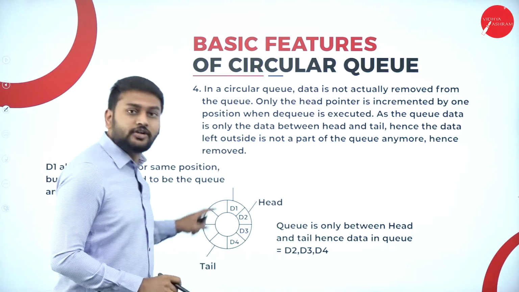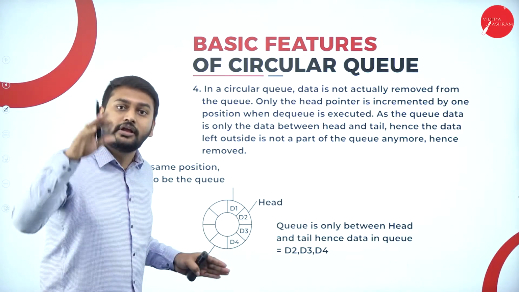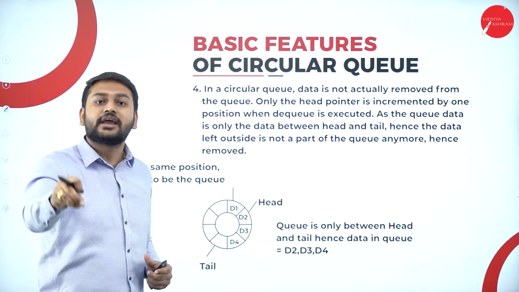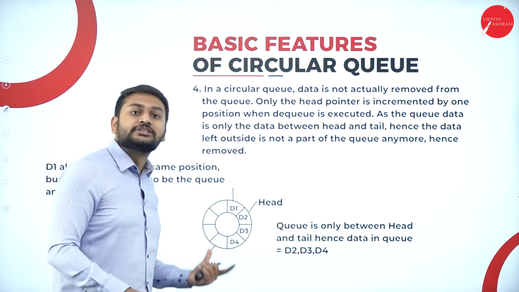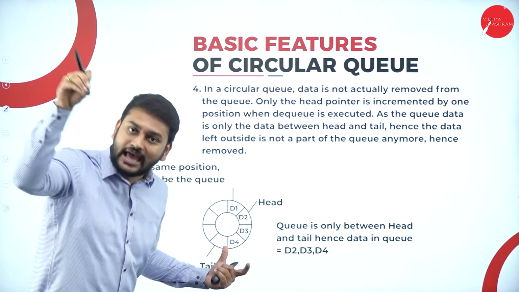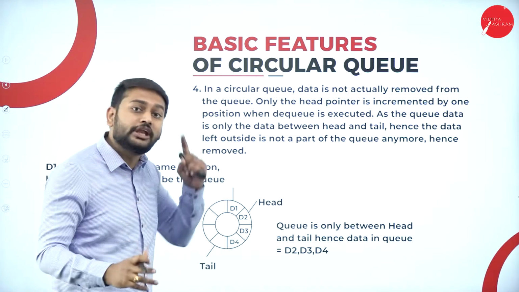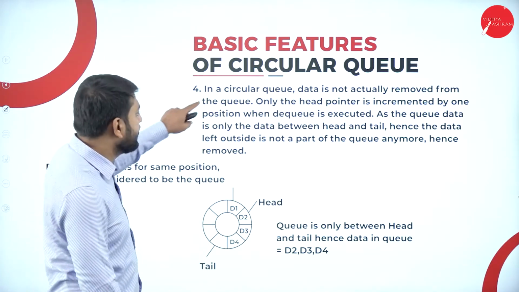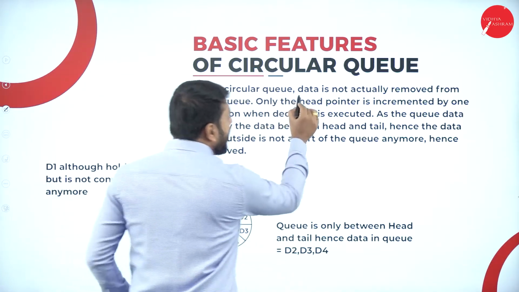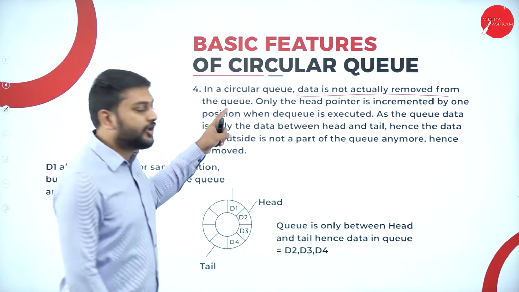So this is my circular queue. They are speaking about how exactly they are trying to delete an element from the circular queue. Are they exactly deleting, or are they doing something else? Listen to me carefully. In a circular queue, data is not actually removed from the queue.